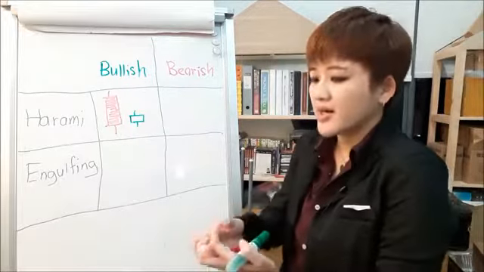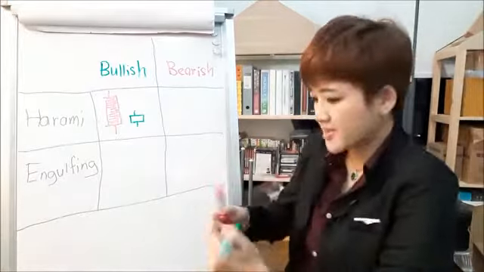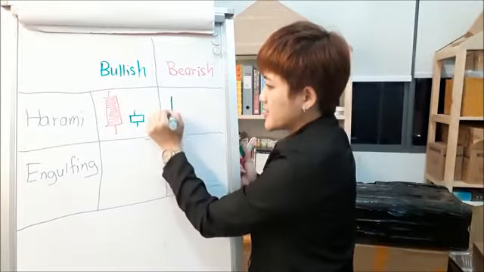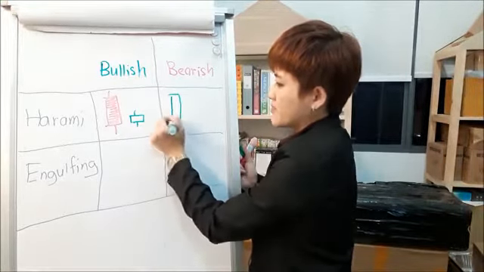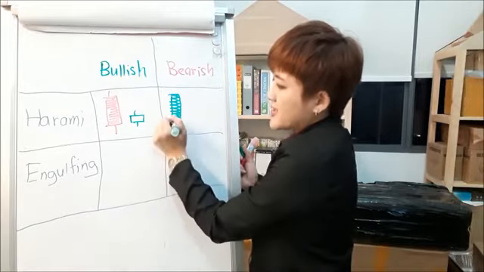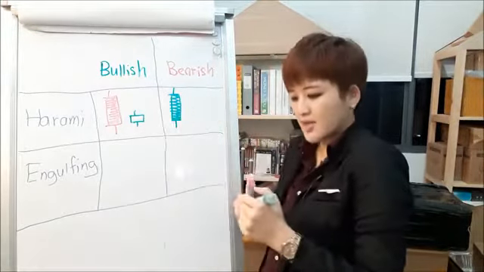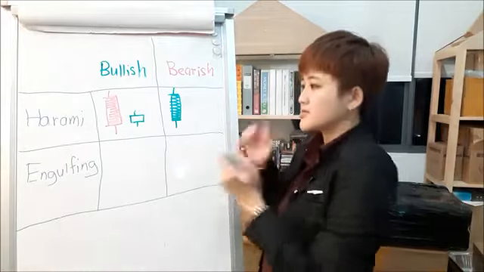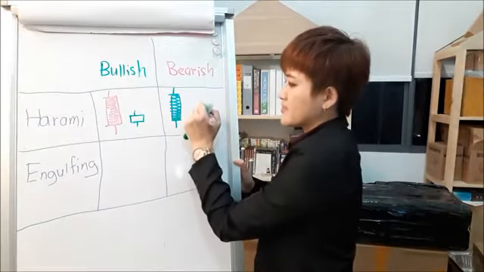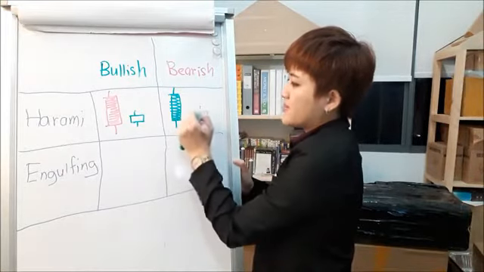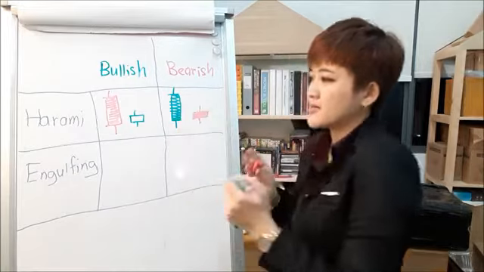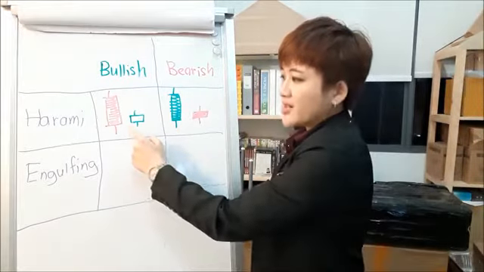Then a bearish harami is the opposite. The first candle is a large green candle. Then the second candle is a small bearish or red candle. What makes a strong harami signal?